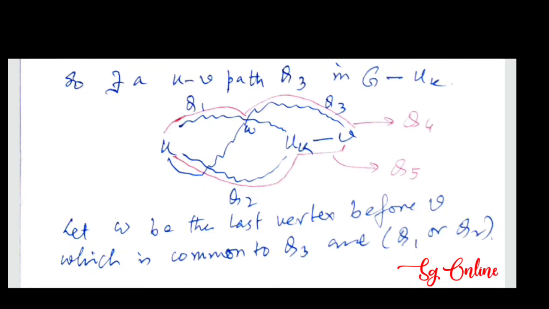Finally, UK does not belong to Q3 by the construction, because Q3 is constructed in G minus UK, and so there is no common part between Q5 and this part of Q3, W to V. So Q5 and Q4 are two internally disjoint paths, and that proves the theorem.